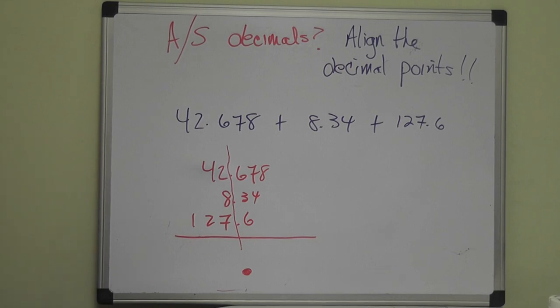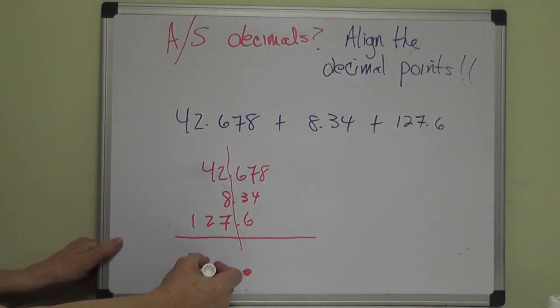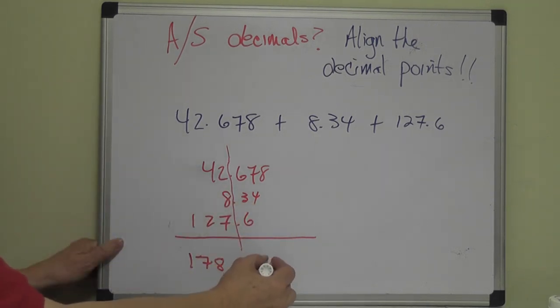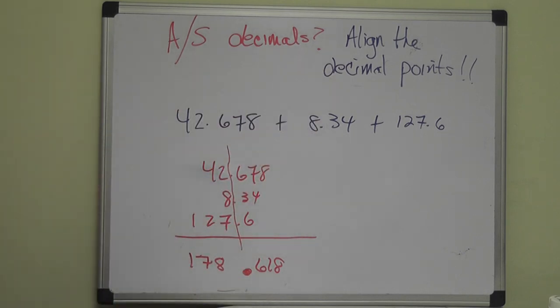Make sure that when you're adding or subtracting that you line up those decimal points. And the answer here would be 178 and 618 thousandths. That's your key. If you're going to add or subtract decimal numbers, you make certain that you align the decimal points.